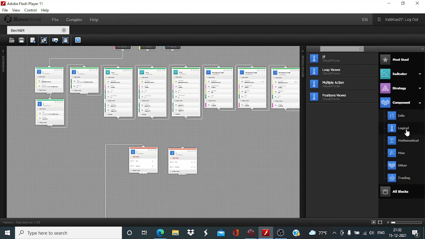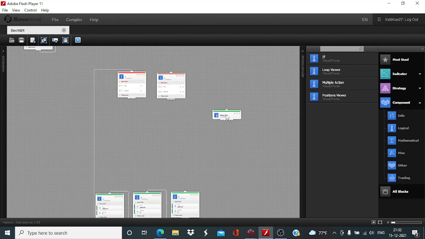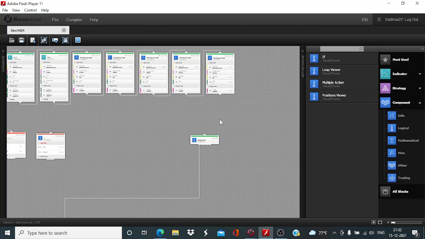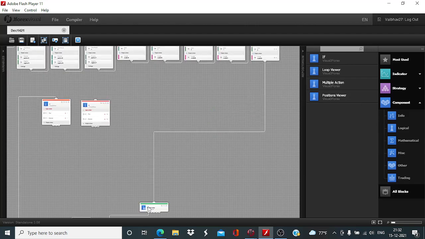Component, logical components, multiple action, and here. Okay.